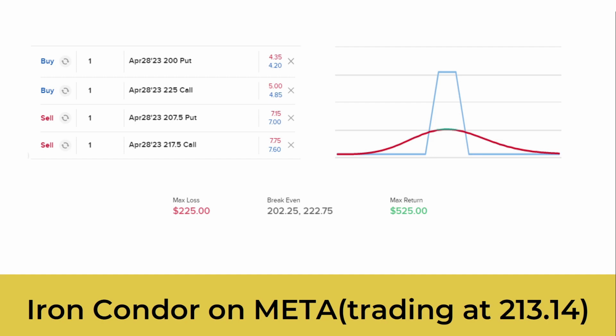But if you do end up getting assigned with condors or spreads, since you have bought a contract, that's going to make up for your assignment. So essentially, the 100 shares that you'd be required to hand over to that person would be taken care of by the option that you have bought instead of sold.